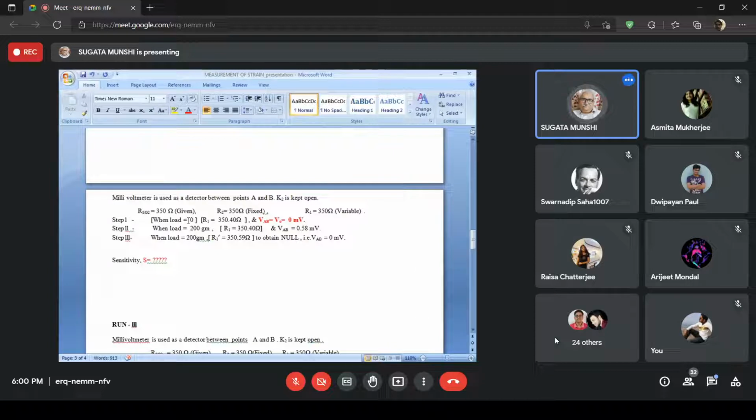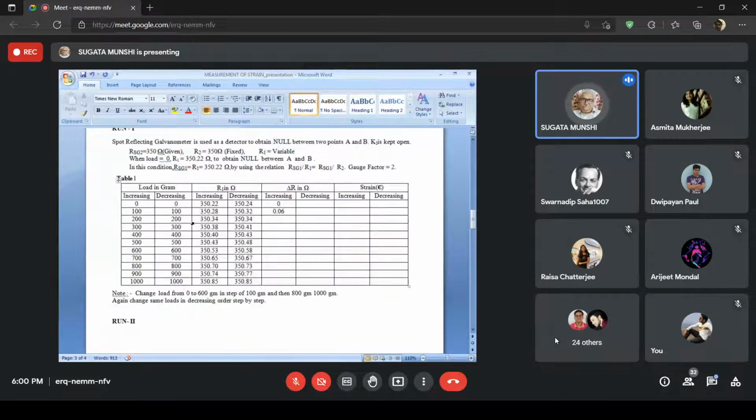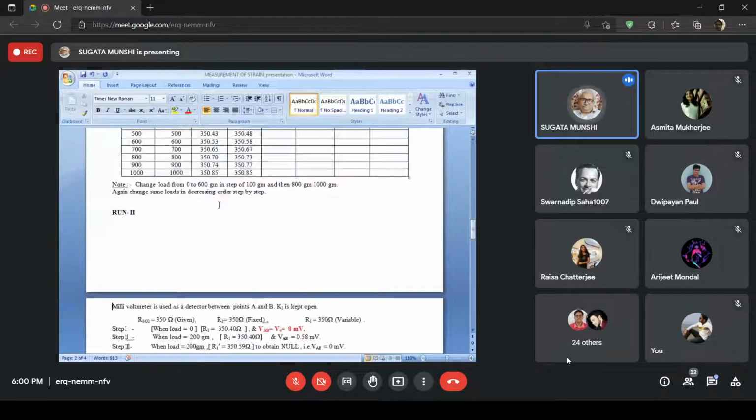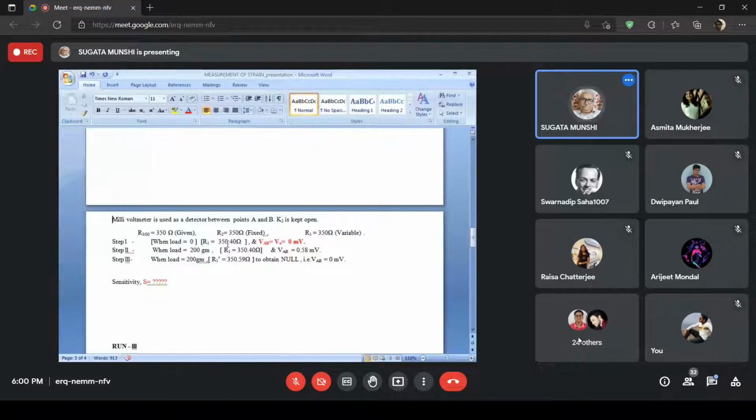Just see here, when load is 0, earlier you obtained 350.22. Now you are getting 350.40. That shouldn't have happened for a perfect system. And the value of VAB that you get will be treated as an offset. So we consider it as 0.